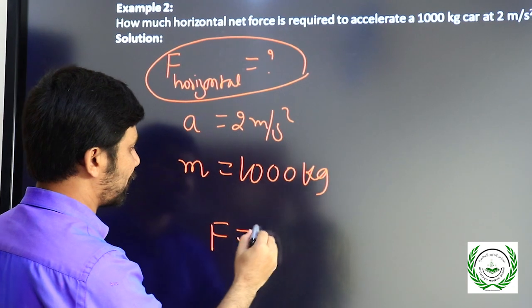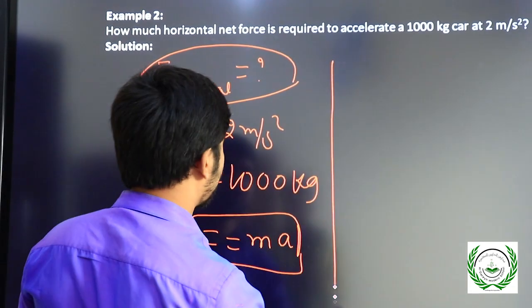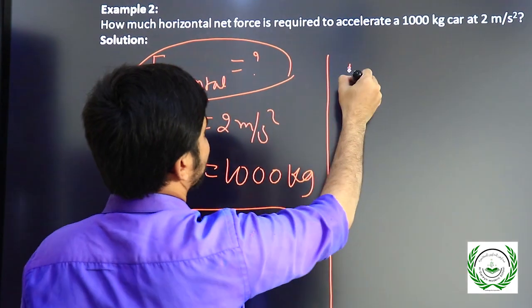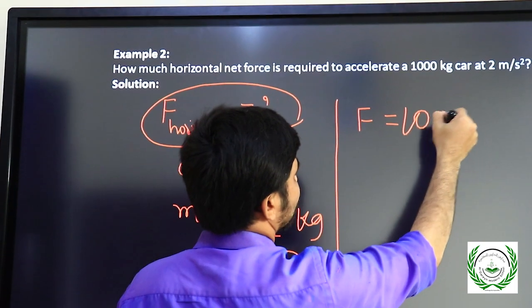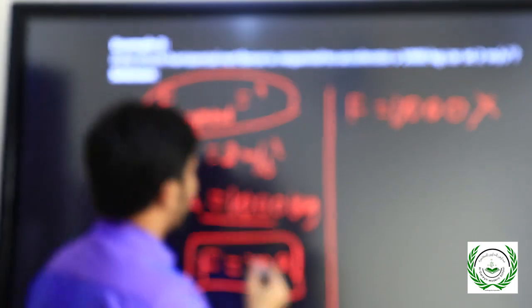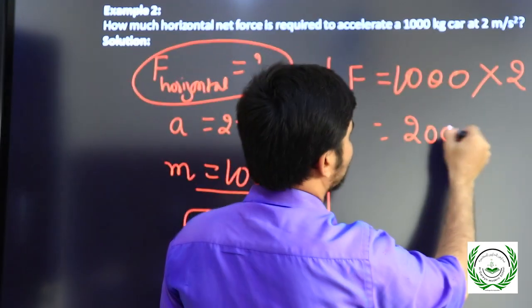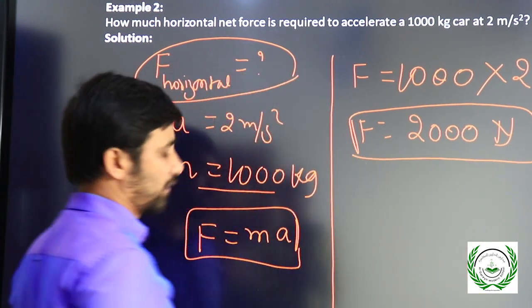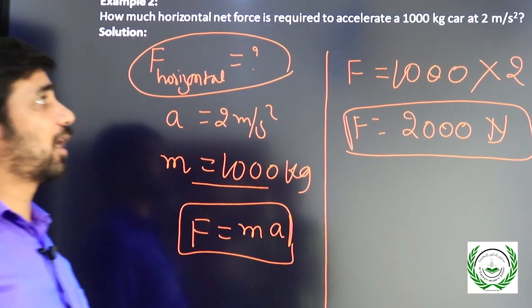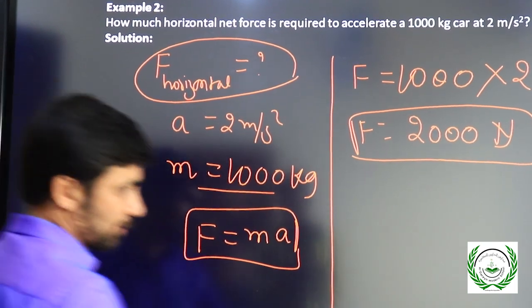We know that F equals ma. F is unknown, m is 1000 times a, which is 2. So we get 2000 newtons. We need 2000 newtons to move a car of 1000 kg with an acceleration of 2 meters per second squared.